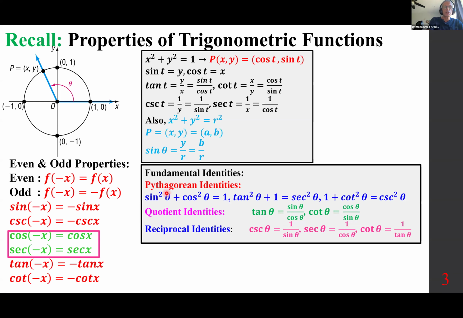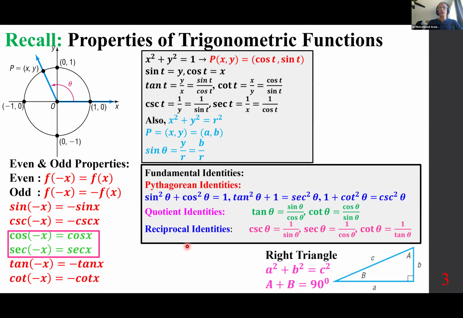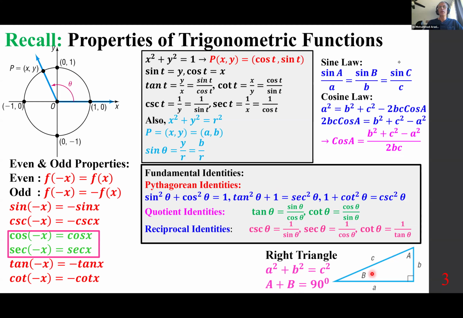Fundamental identities include the Pythagorean identities, quotient identities, and reciprocal identities. In a right triangle, a squared plus b squared is c squared, and the two acute angles must add to 90 degrees. The sine law indicates that sine a over a, sine b over b, and sine c over c are equal in a triangle.